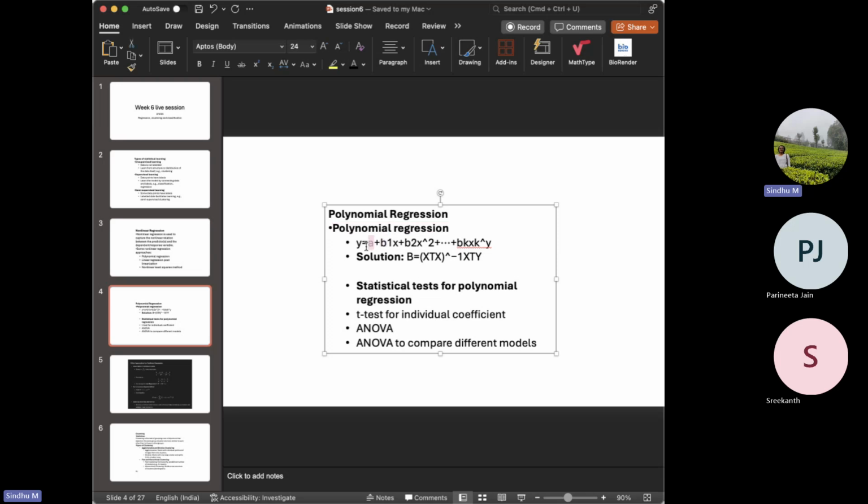Similarly, here the concept is similar. Based on the input X and Y values, we will write equations and fit them to get the parameters A, B1, B2, and so on. Once we get the parameters, we can also do a statistical test to see how well the parameters have been fitted with the model.